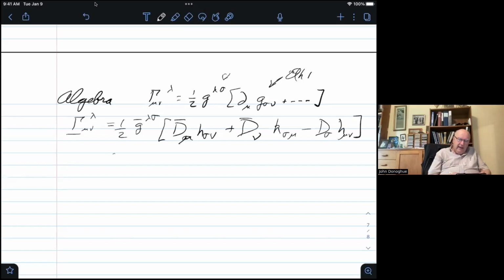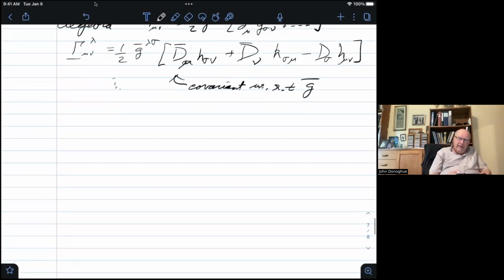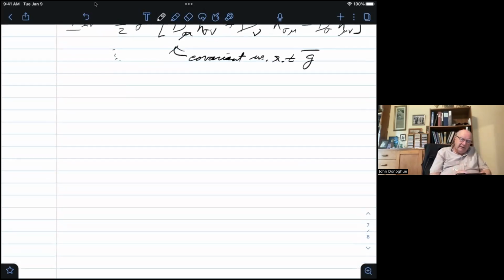Okay. And the point of showing this is it's covariant with respect to the background field, so there's then a gauge invariance with respect to the background field.